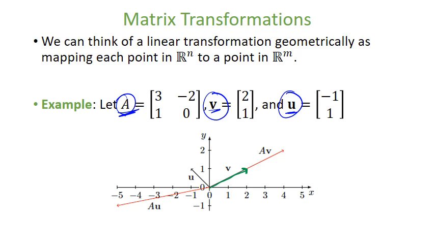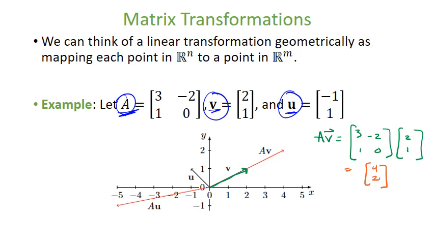So what I can do is find A times v, and when I multiply these matrices, I get 4, 2, which is here.